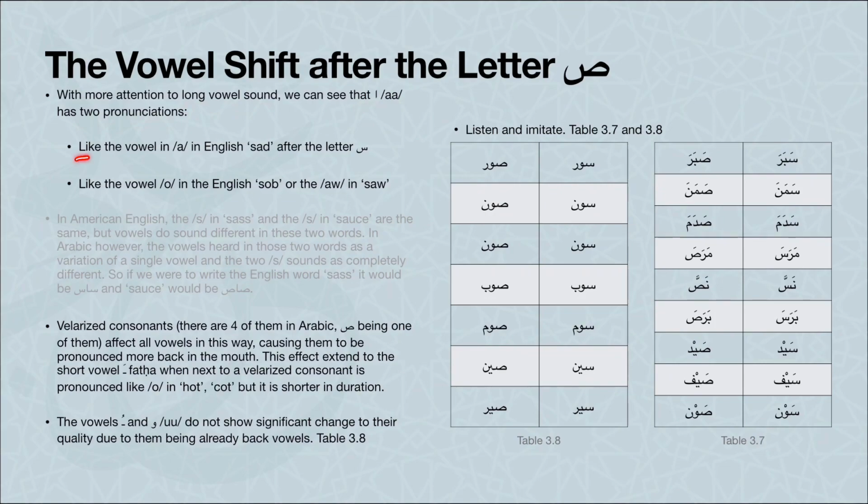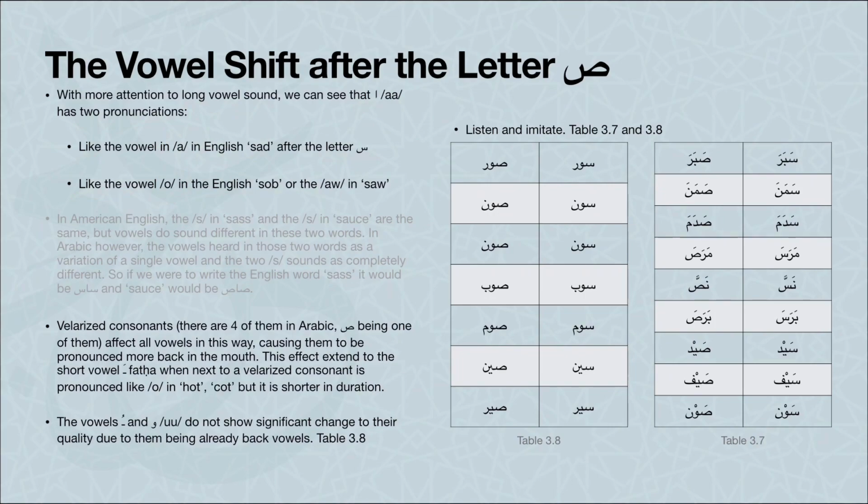One is like the vowel in the English sad, after the letter sin: sada, sad. Or like the vowel o in the English sob, he's sobbing, or the aw in saw.